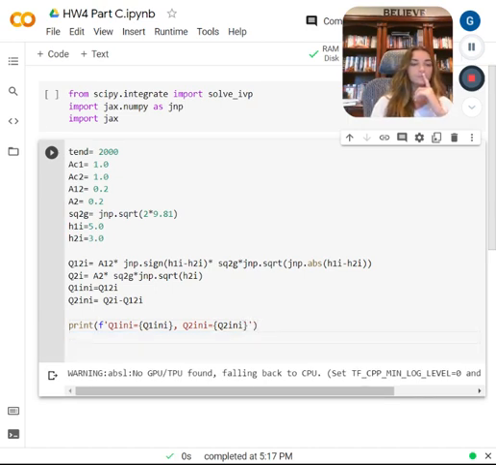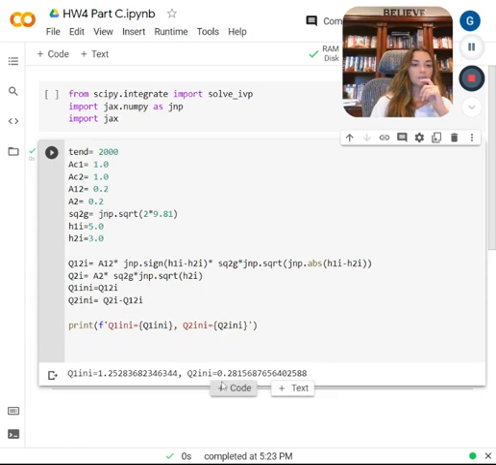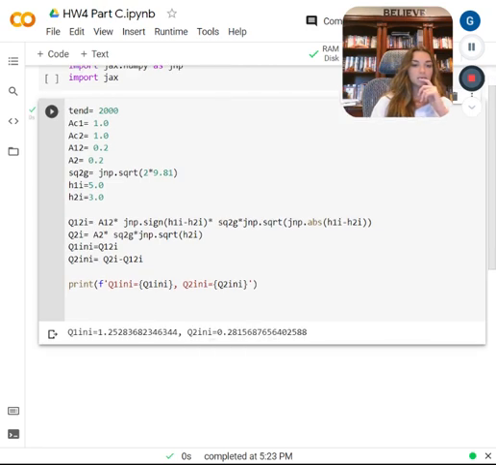So we're going to print our initial flow rates for tank 1 and tank 2. I'm going to run this. And we're given some values. And those look good because the initial flow rate in tank 1 is going to be greater than the flow rate in tank 2.